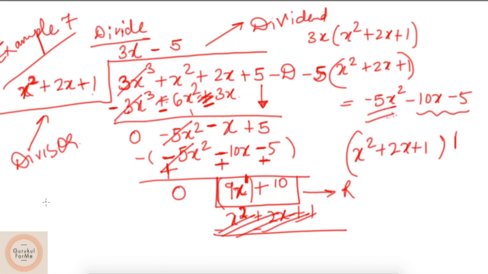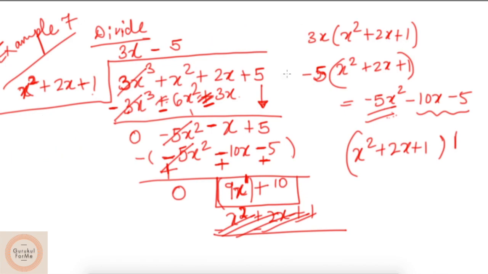So what do we understand here? Now there are some funny notations here. So assume that the dividend... so this is the remainder.